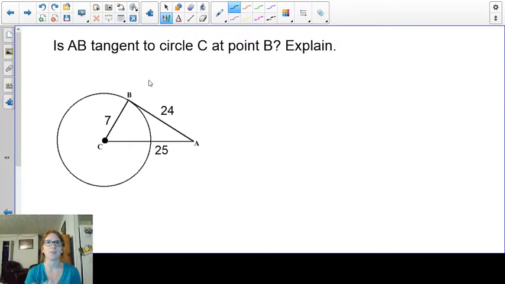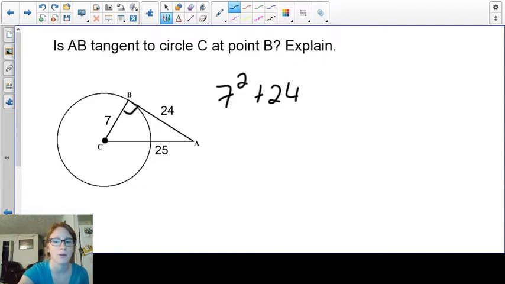So we're going to use that to determine whether or not AB is tangent to this circle. If it was tangent, we would assume that there would be a right angle there. When we deal with right angles, we can use my Pythagorean theorem. So I would say, is 7 squared plus 24 squared equal to 25 squared?